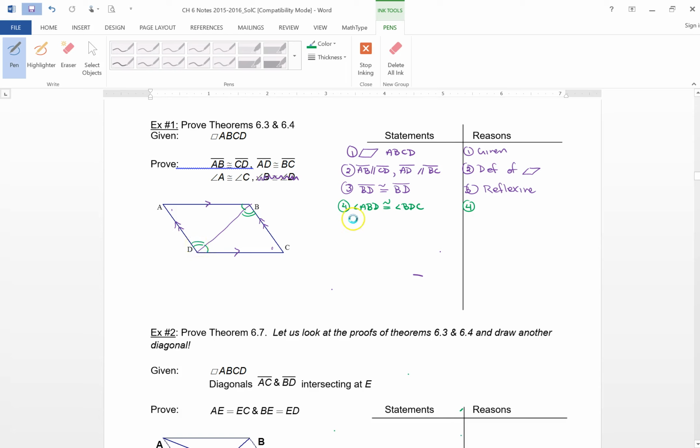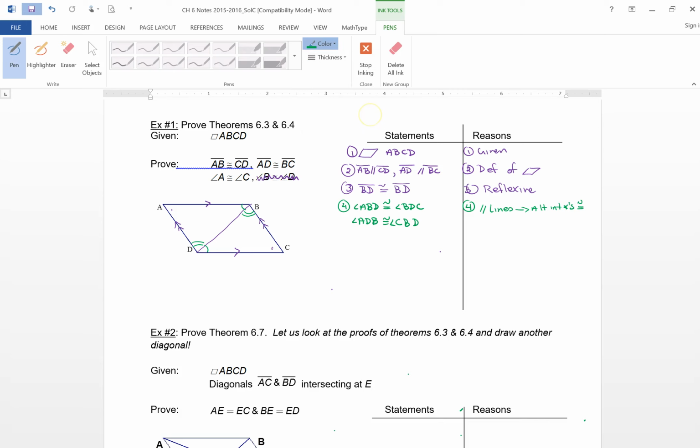So angle ADB and angle CBD. This is because when you have parallel lines, they imply alternate interior angles are congruent.